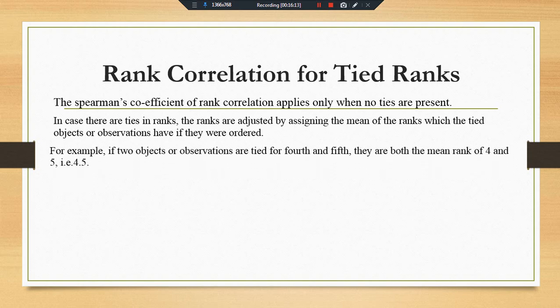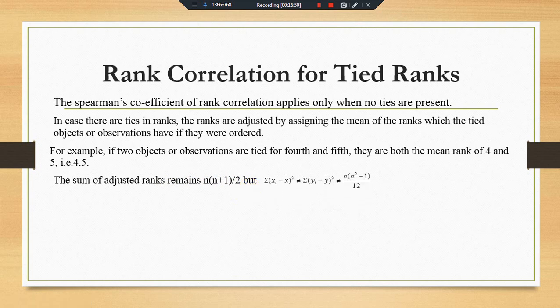For example, if the fourth and fifth observations are the same, we get the mean value of 4 and 5: add 4 and 5 and divide by 2. We put 4.5 in place of both rank 4th and rank 5th. The sum of adjusted ranks remains n into n plus 1 divided by 2.